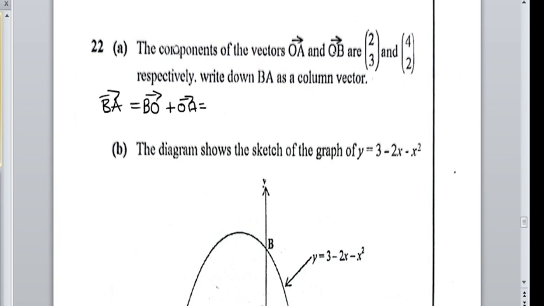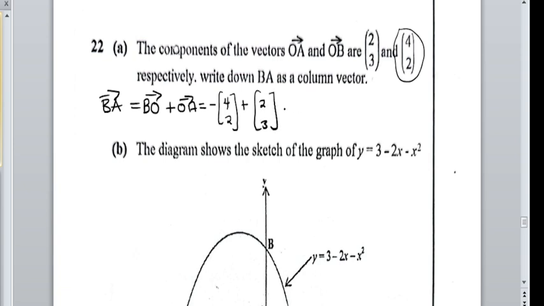Now, if OB is 4 and 2, then BO will have a negative outside. Then we say negative 4, 2, then plus OA, we just get the way it is, which is 2 and 3.